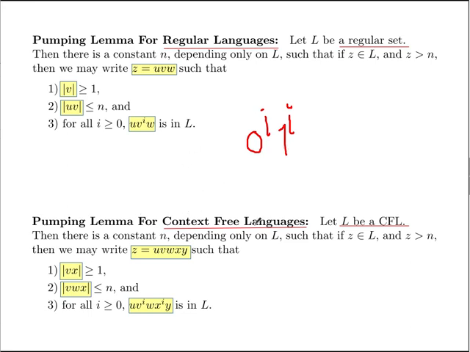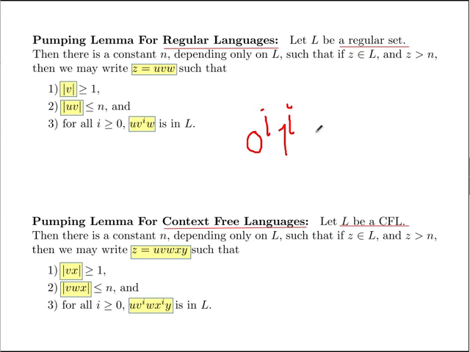But now we want to go beyond. We want to see what lies beyond context-free languages. To do that, again, we need some kind of tool to prove that some languages are not context free.